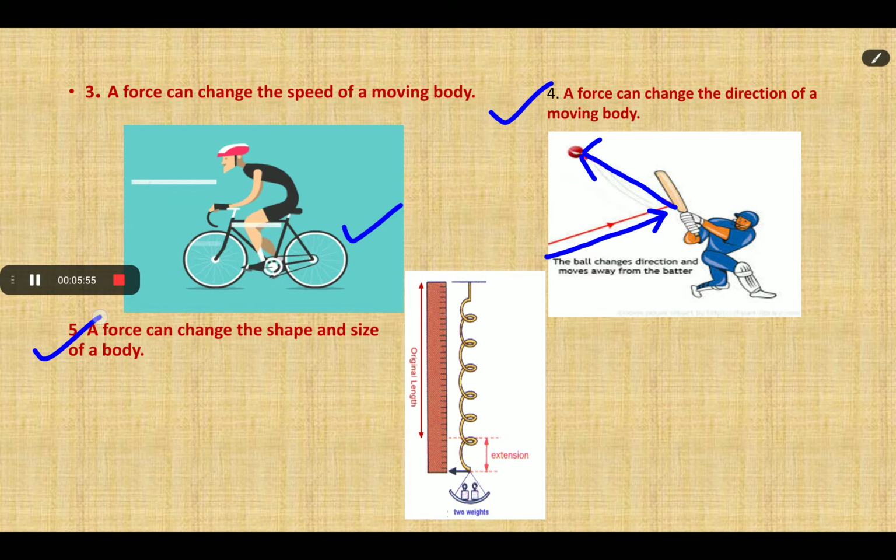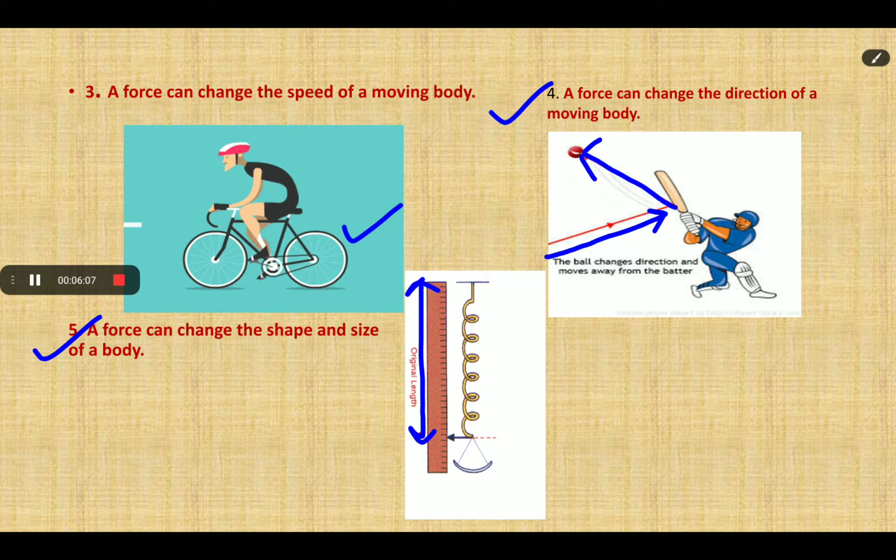And the last effect is that a force can change the shape and size of a body. Here, this is the original length of the spring, and when we put some weight here, there is a force of gravity, and after experiencing the force of gravity, the length of the spring changes.